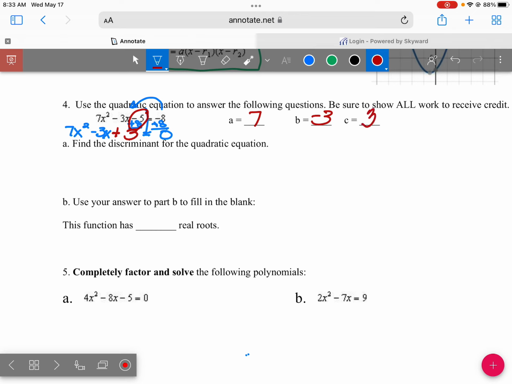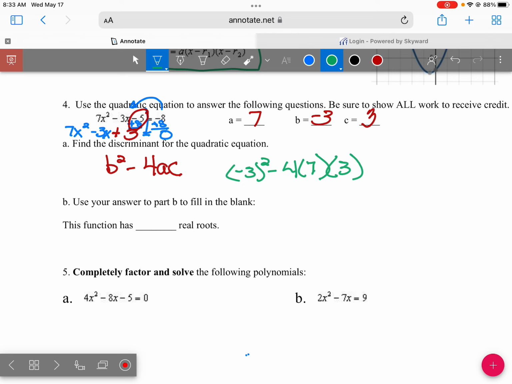Find the discriminant. The discriminant, we said, is b squared minus 4ac. Again, make sure when you are squaring b, if it's negative, you put it in parentheses. So that is (-3) squared minus 4 times my a value of 7 times c is 3.